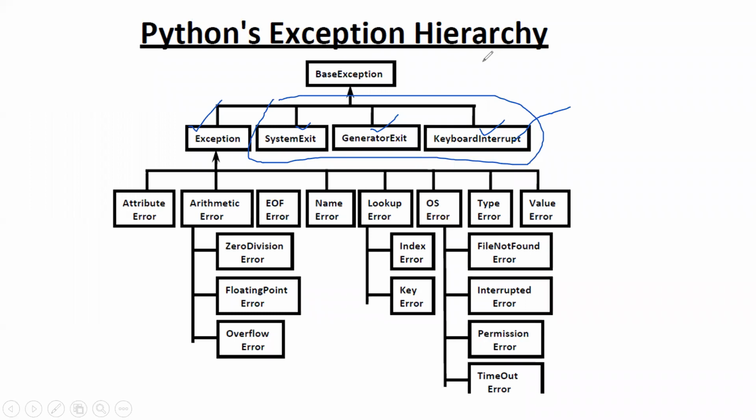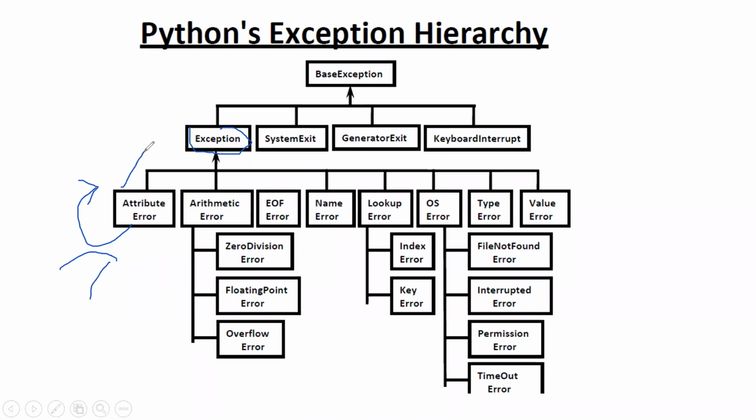What are the exceptions we have? Attribute error means if it is not available on that function or that module, then it shows attribute error. Arithmetic error, I have already told you: zero division error, floating point error.